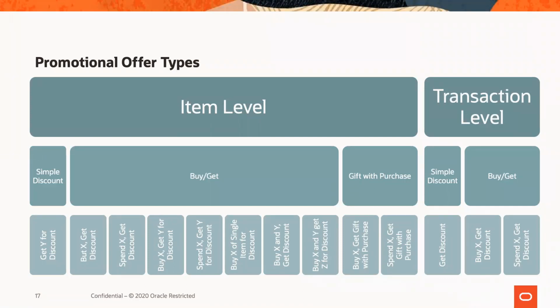So if I create an item level simple discount for a particular department, and maybe I want to exclude a particular supplier or a brand from that, that's the level of detail that I'm sending down to the point of sale. I'm not exploding it down to the item location level, and I'm not calculating the price for that promotion.